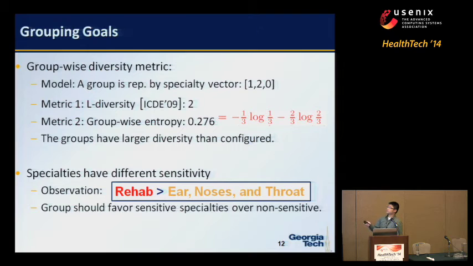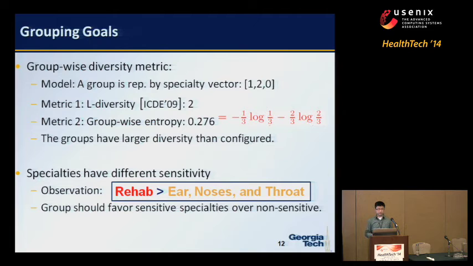In this case, the entropy is this value. Our goal is to group a bunch of hospitals together so that in the end, different groups will have a diversity value that is bigger than the user-configured one.